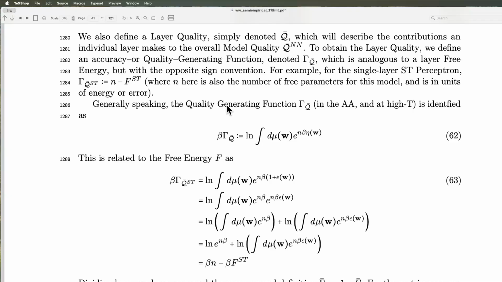But generally speaking, the quality generating function in the annealed approximation at high temperature is identified as beta Q, which is the natural log of the average over w of e to the N beta eta. So now we have this object called the self-overlap. And I should put a comment in 62 to point back to the definition.